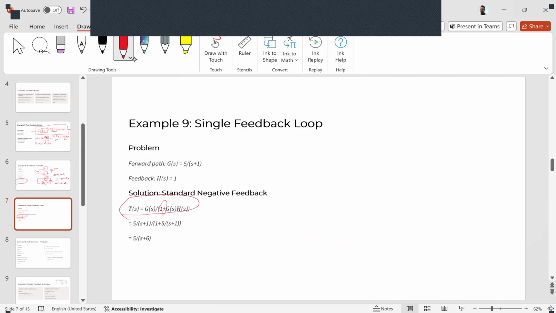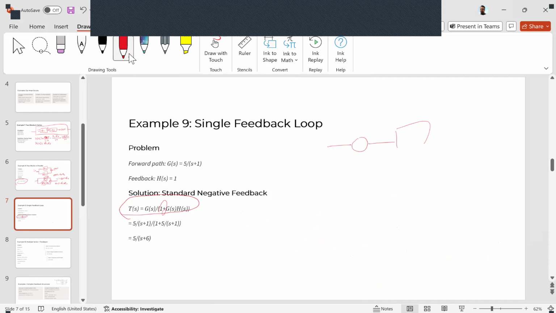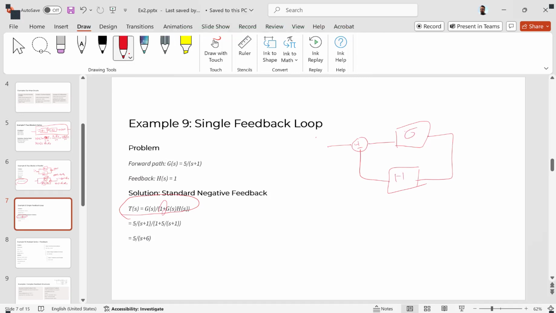So we have a feedback loop in our system, and we're talking about the negative feedback. This one is G, this one is H. This is our input, this is our output.